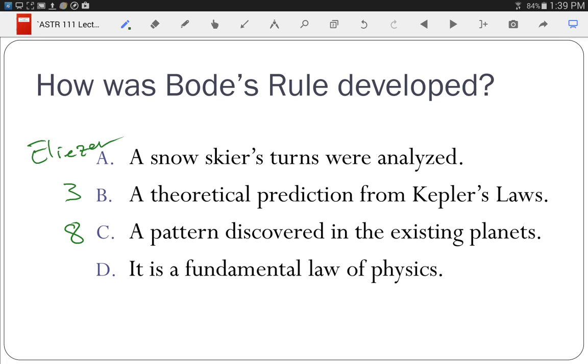He discovered it when he was going down the chart. Okay, why?